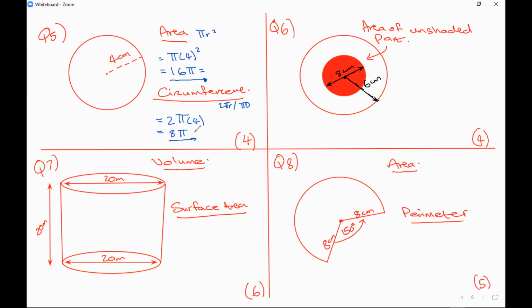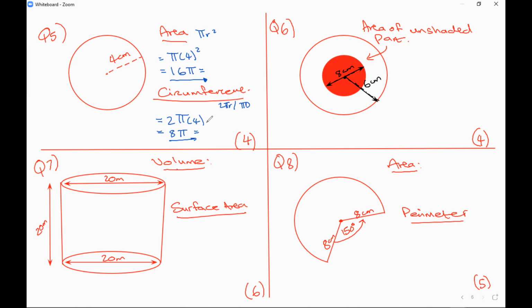Okay, we can put this on a calculator and let's see what we get. If you use pi as 3.14, you'll probably get a different answer. If you use pi from the calculator as it is, you'll get a different answer as well for each of these.